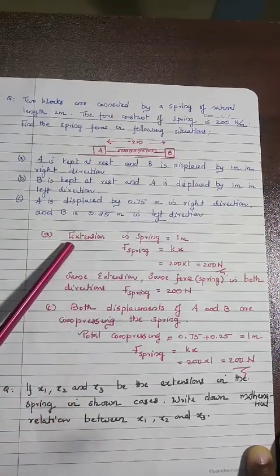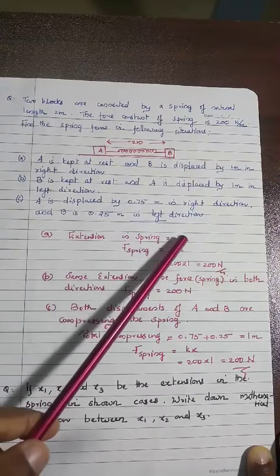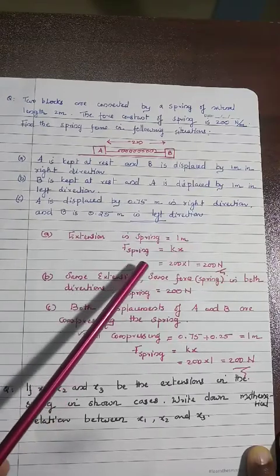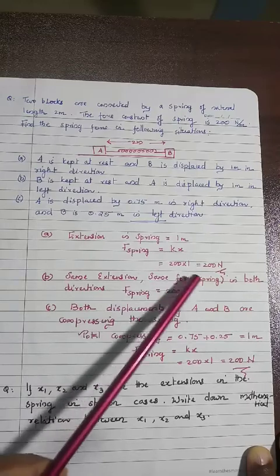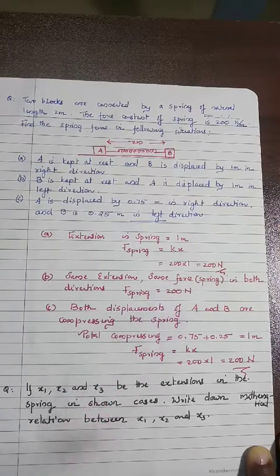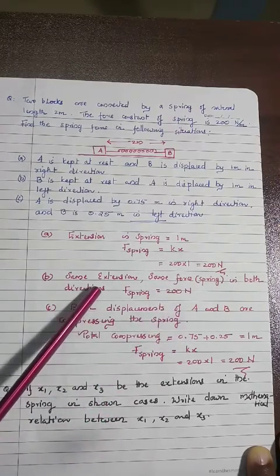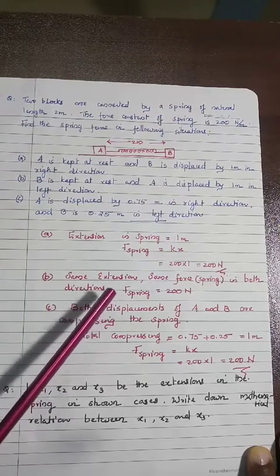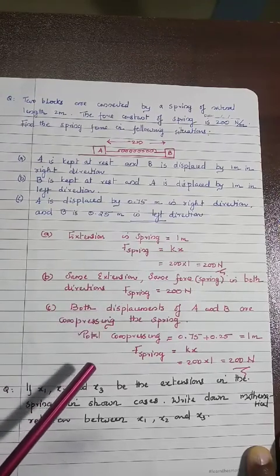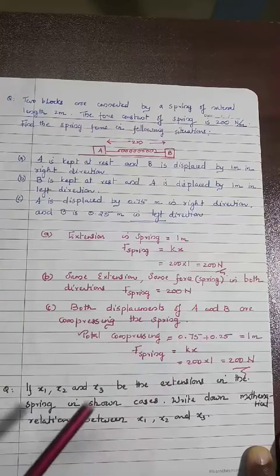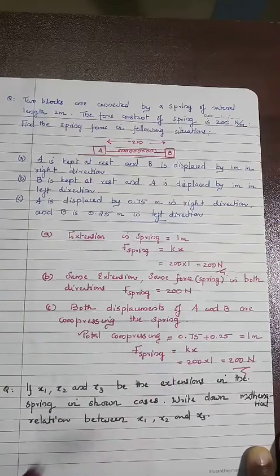In the first condition, the extension in the spring is 1 meter. So F is equal to K into X, 200 into 1, equal to 200 Newton. In the second case also, the extension is the same, so the same force in both directions. So we get the same value.